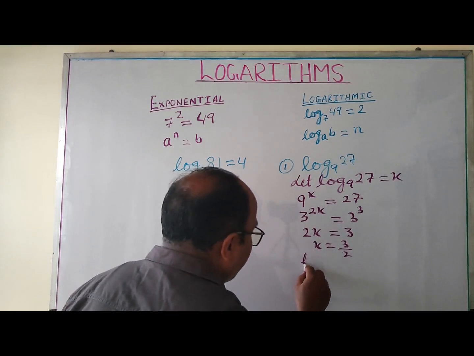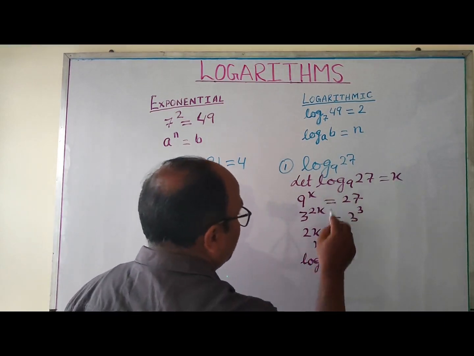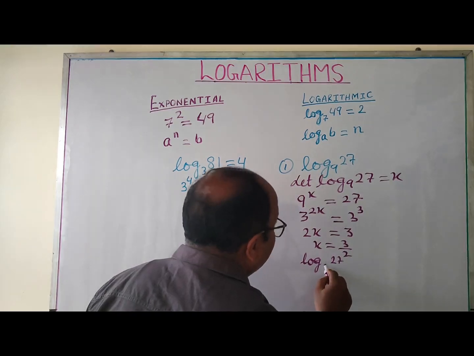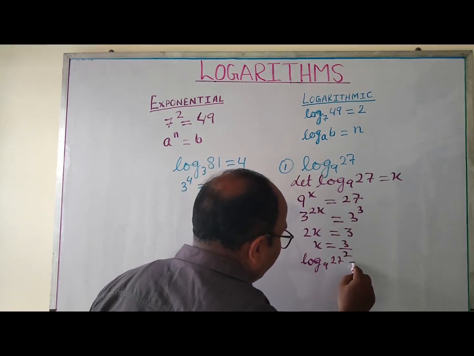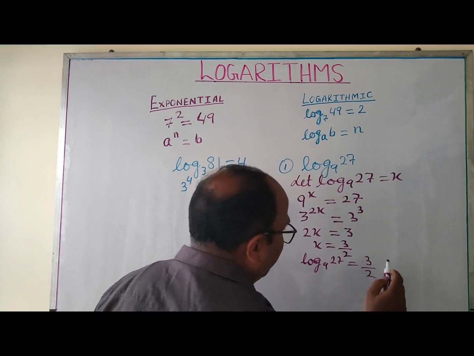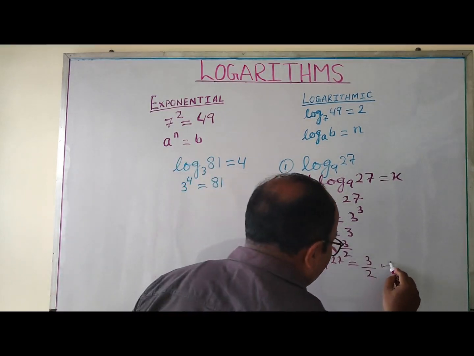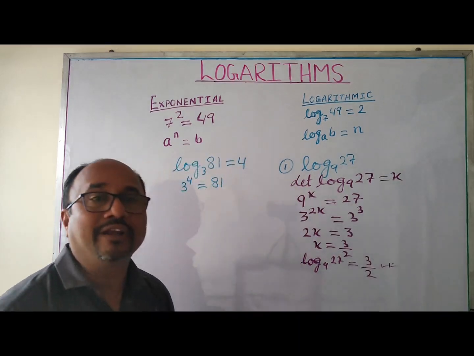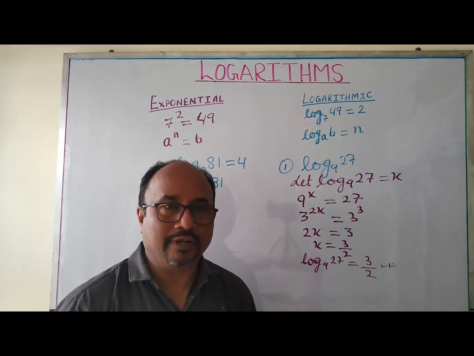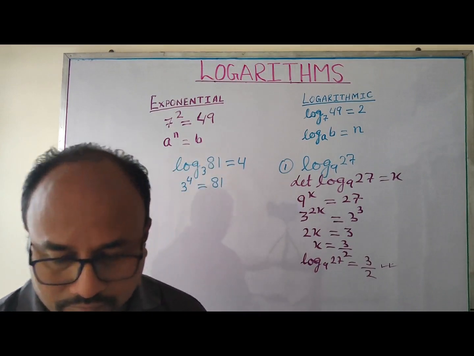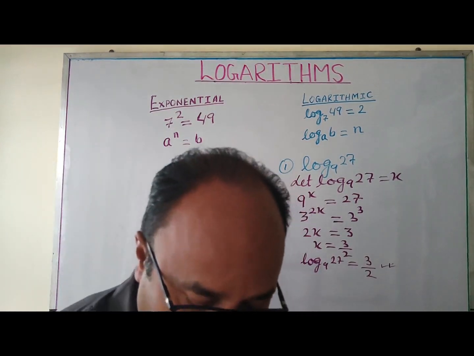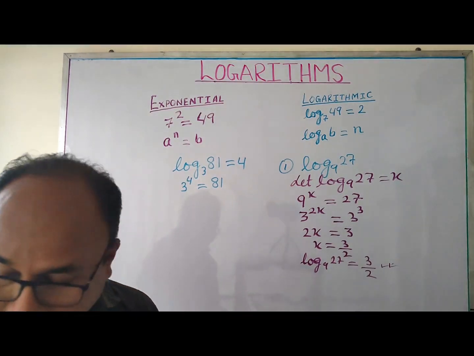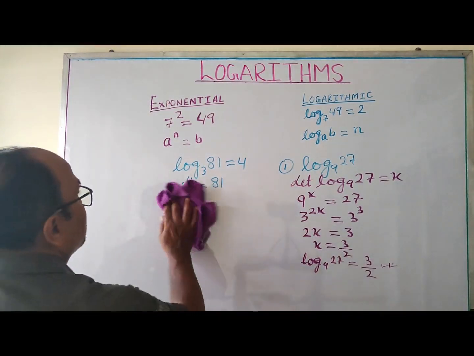It means I can write here now that log 27 to the base 9 will have a value of 3 by 2. So this is the value for log 27 to the base of 9. Now let us take one more number and deal with it.